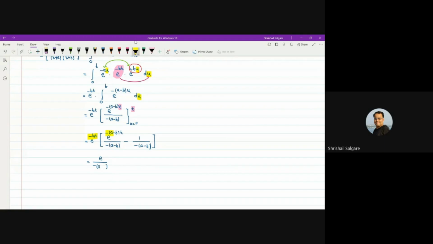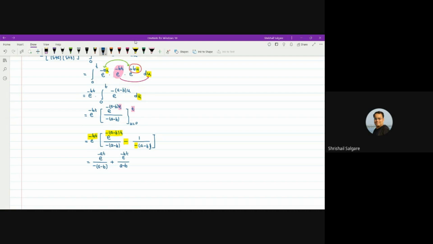Now adding the power, the remaining term is only e to the power minus at, minus of a minus b. Okay. Now the second term becomes plus. Why am I writing plus? This one is also minus, this one is also minus, and outside the term is multiplied by e to the power minus bt.